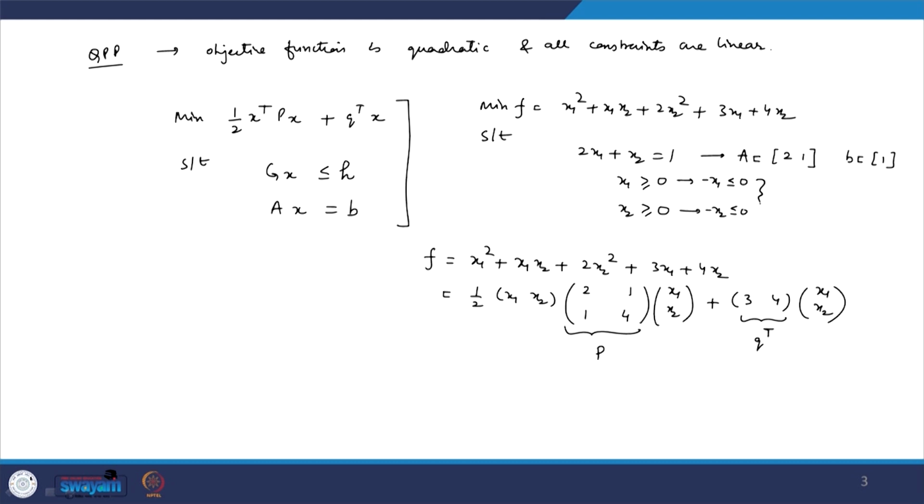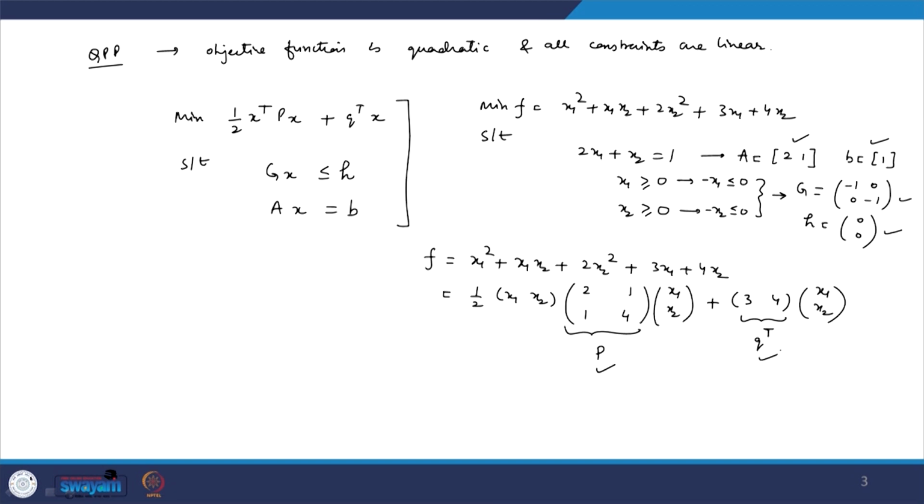These two constraints can be rewritten in the form of G. G will be [minus 1, 0; 0, minus 1], less than or equal to H, where H will be [0, 0]. So this is your A, B, G, H, P and Q.